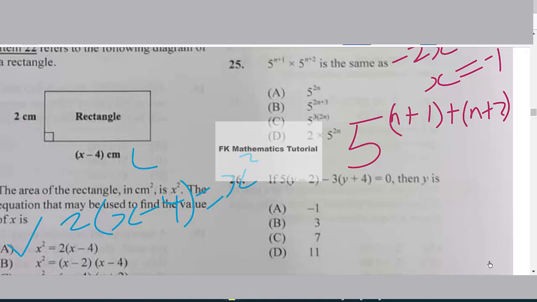So it becomes 5, then n plus n is 2n, then 1 plus 2 is 3. So the correct answer is 5 exponent 2n plus 3. So the answer is B.